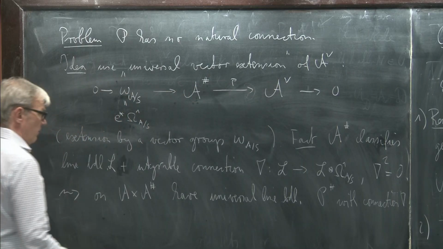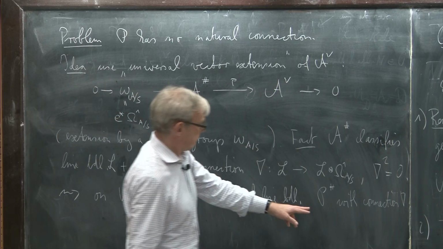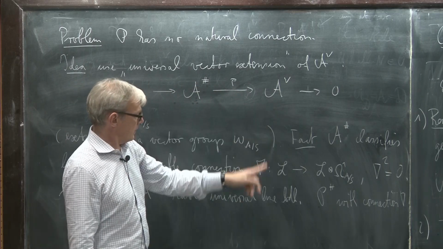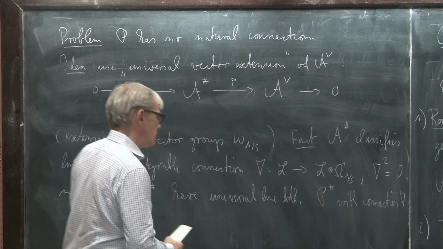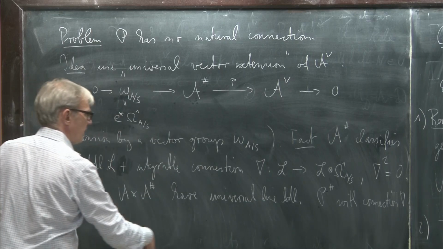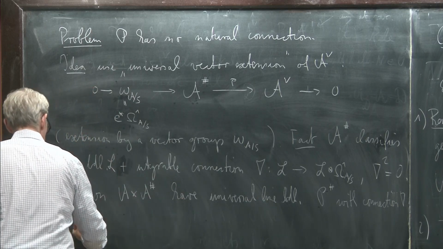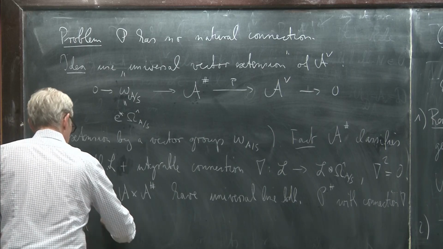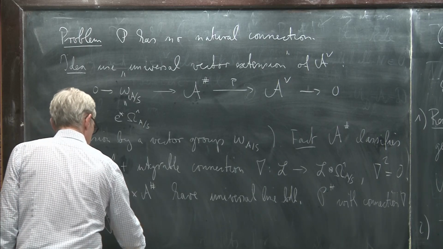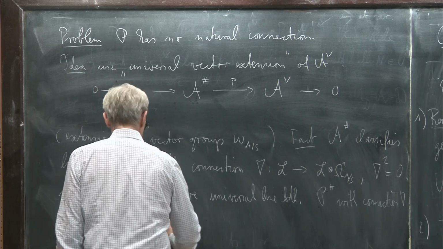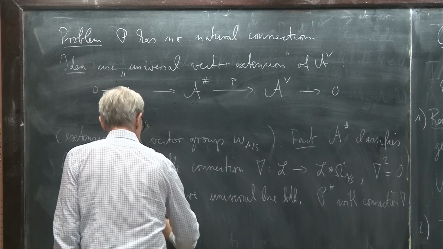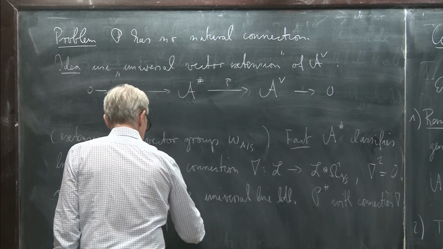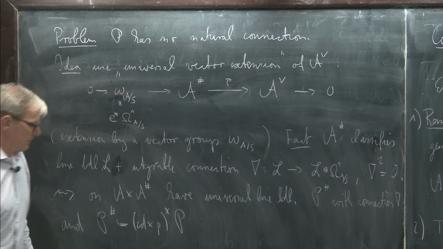And because the line bundle P was already universal as a line bundle, this P sharp has to be just the pullback of the line bundle P. So P sharp as a line bundle is just the pullback of the identity times this map P from the Poincaré bundle downstairs.